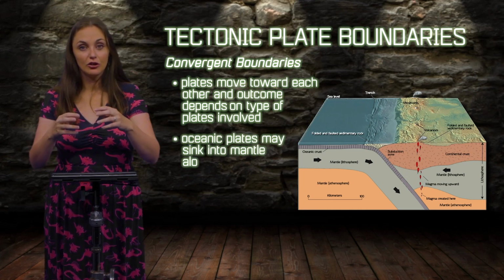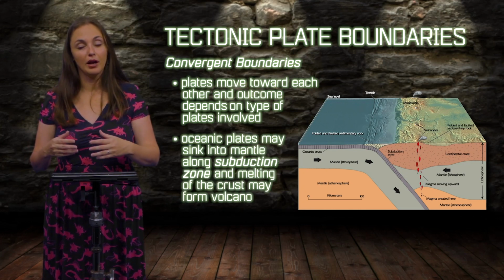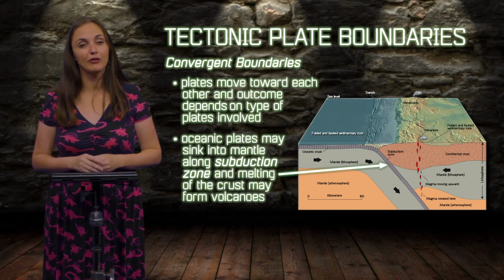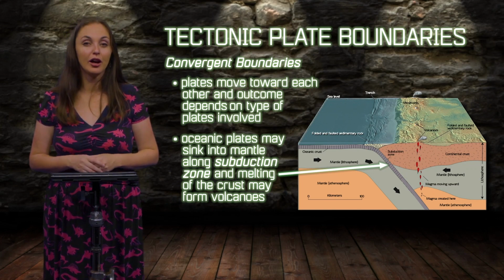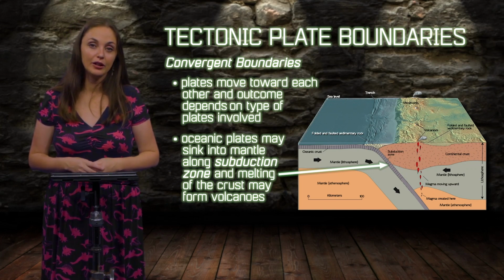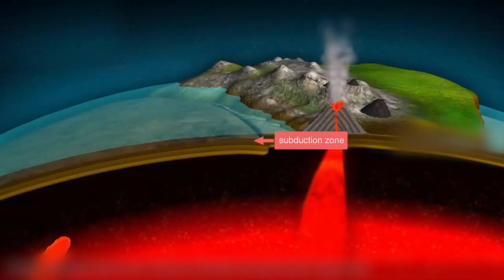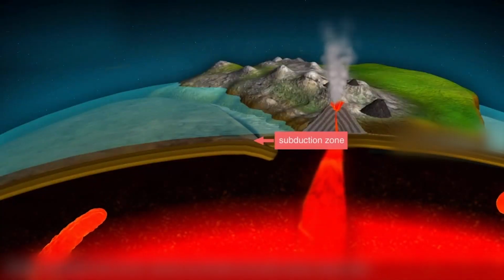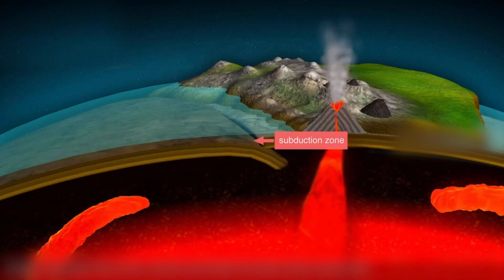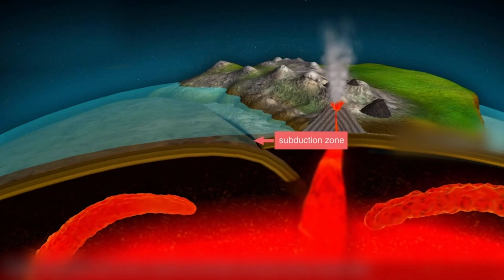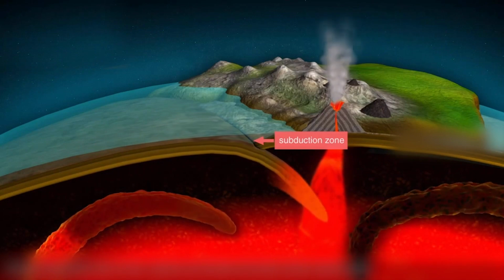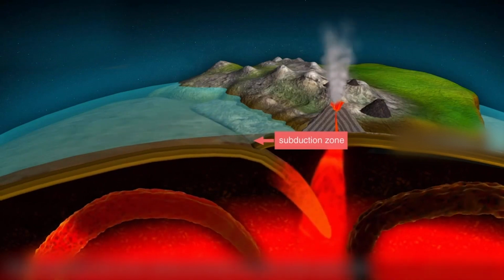And that sinking crust is going to have a much lower melting temperature than most of the makeup of the mantle. And as such, as that material is pulled into the mantle, the first response of all this material is going to be to melt. As it melts, that molten material, that magma, is going to be lower in density than the rest of the mantle, so it's going to rise.